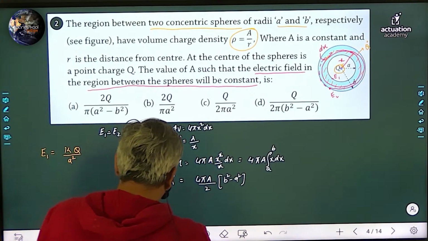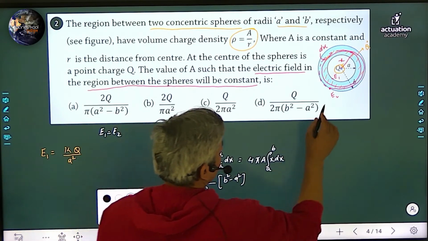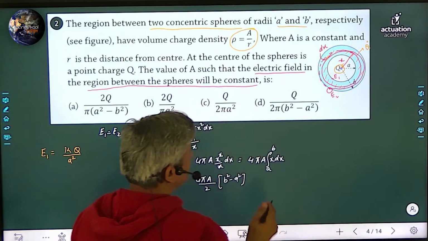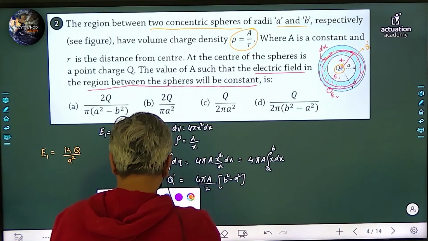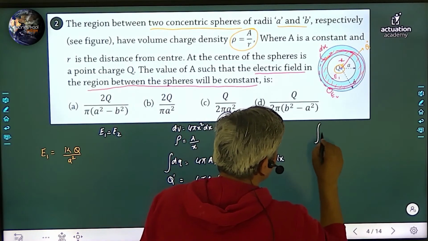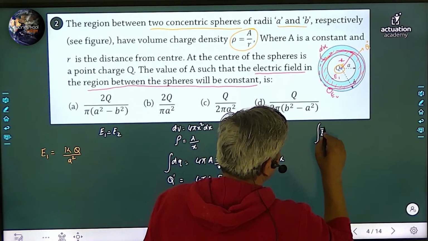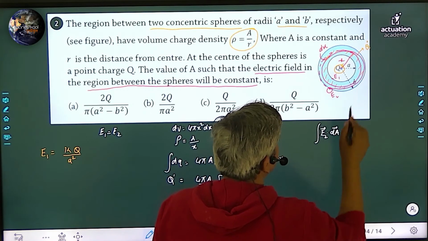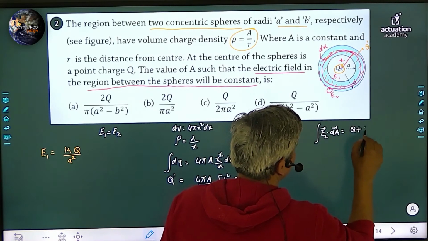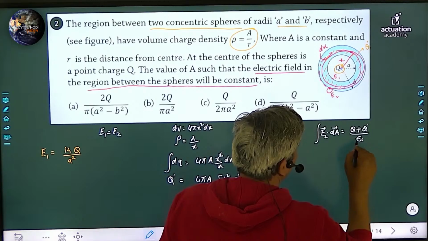Now the electric field E2 we can also write using Gauss law. The closed surface integral of E2 dot dA is equal to Q in, which is simply Q plus Q dash divided by epsilon naught.